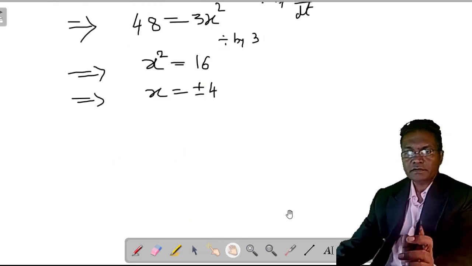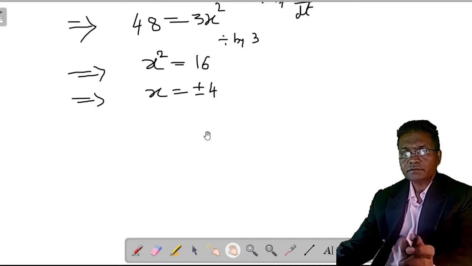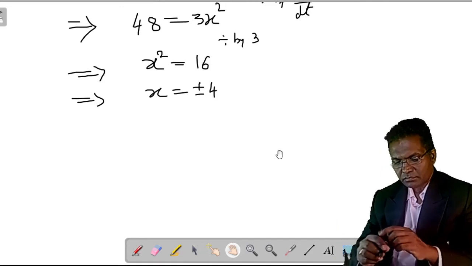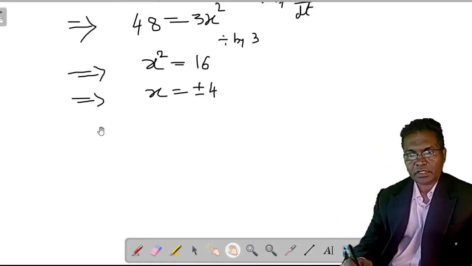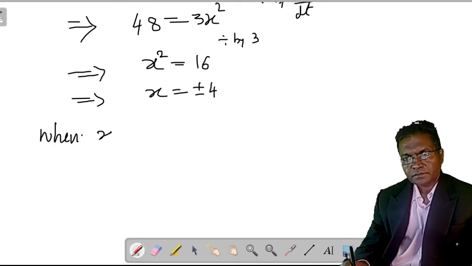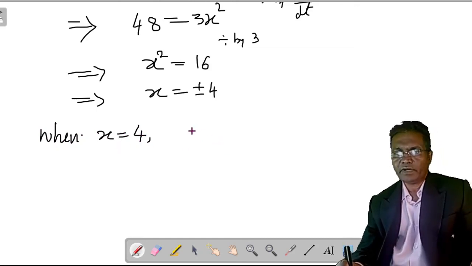Now you have to find what are the values of y corresponding to x equal to 4 and x equal to minus 4. Okay, so consider when x is equal to 4, what is y you have to find.